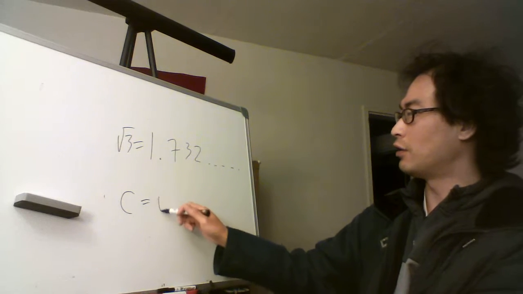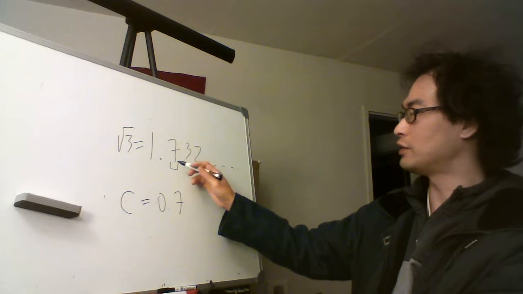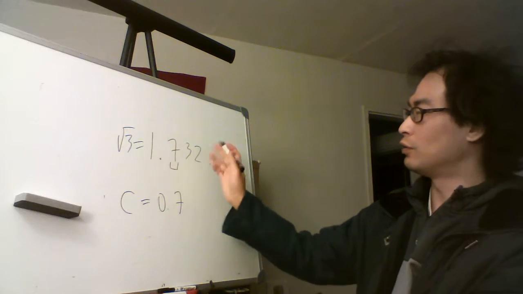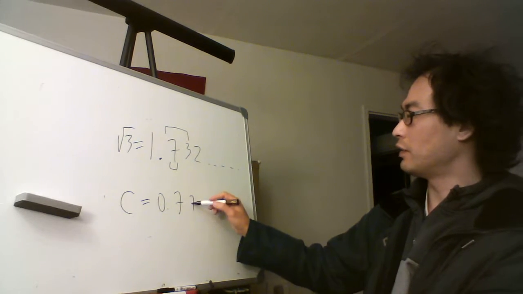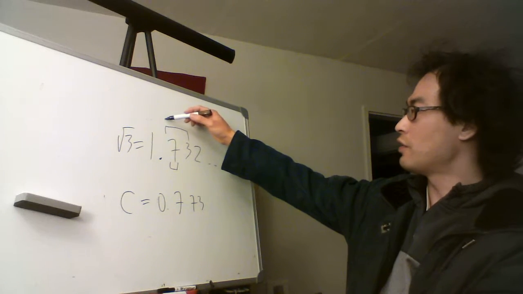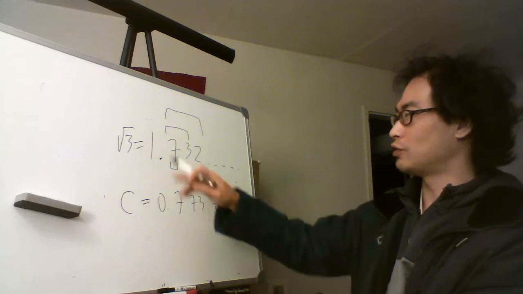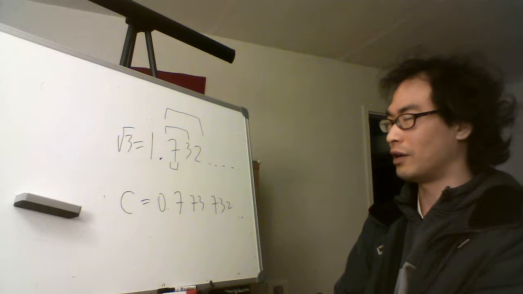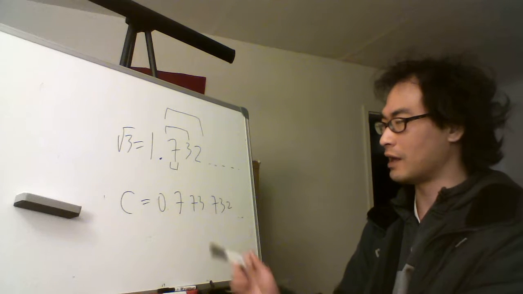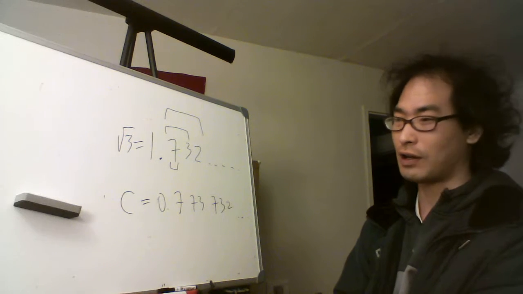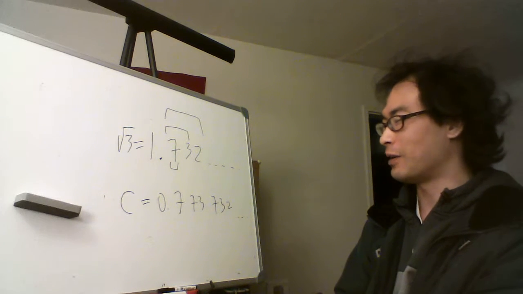Take 0.7, the first digit below the decimal point, then the first 2 digits, 73, then the first 3 digits, 732. You can do it with the square root of 2, square root of 3, square root of 5, or the cubic root of 5. Constructing a constant is not that difficult. Probably that's why there are so many constants.